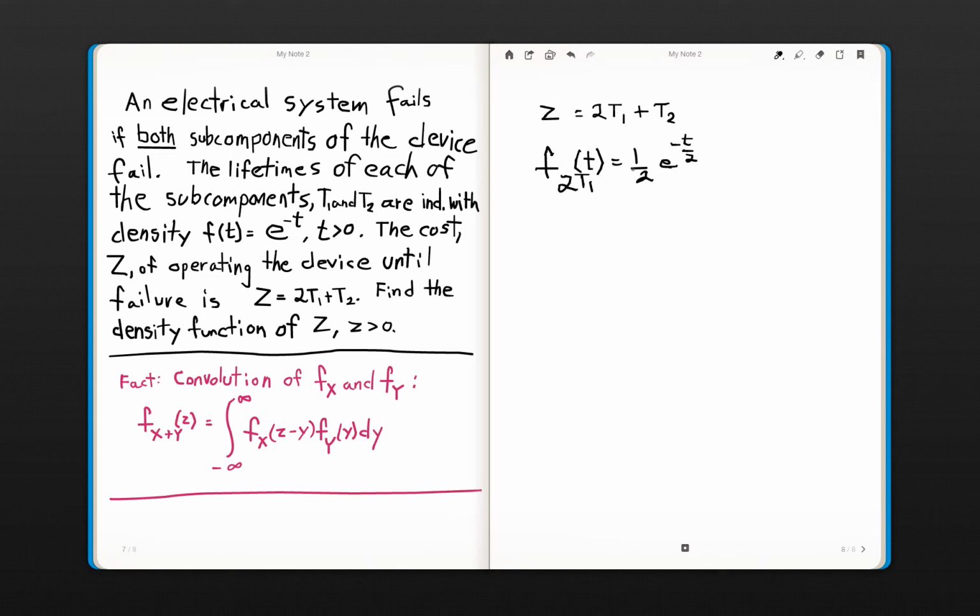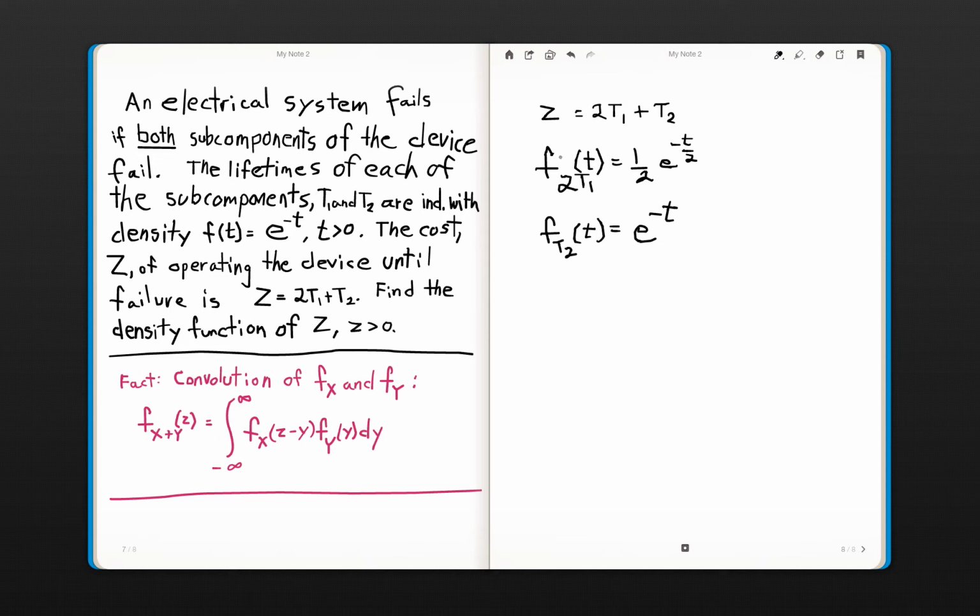That's a little exercise in itself to solve. And we already know what f of T2 is, evaluated at t. These are just dummy variables, by the way. We could put x, y, or z, whatever variable we want in there. And this is already given to us as e to the negative t. So these are now the density functions of 2T1 and T2 respectively.